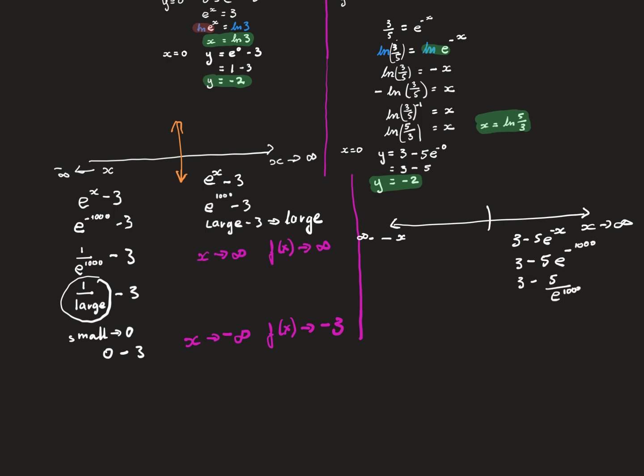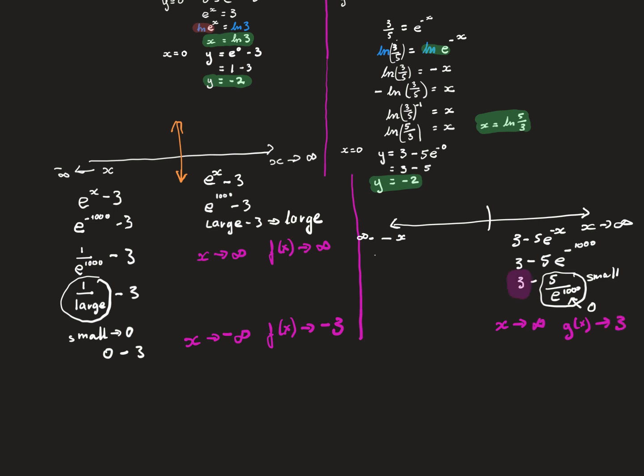So we're talking about an extremely small number, because e to the 1000 is huge. So we are going to be left with, when x goes to really high infinity, then we'll say that g(x), because we're dealing with g(x) now, tends to 3.